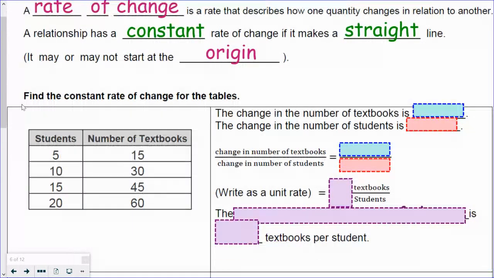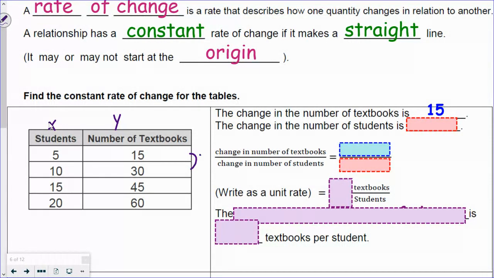So let's talk about how we can find the constant rate of change from a table. That's our focus today, is with tables. When we look at these, remember we have X is always on this side and Y is always on the right side. And we always want to look at what we would consider the Y first. How does it change when we go from one number to the other?